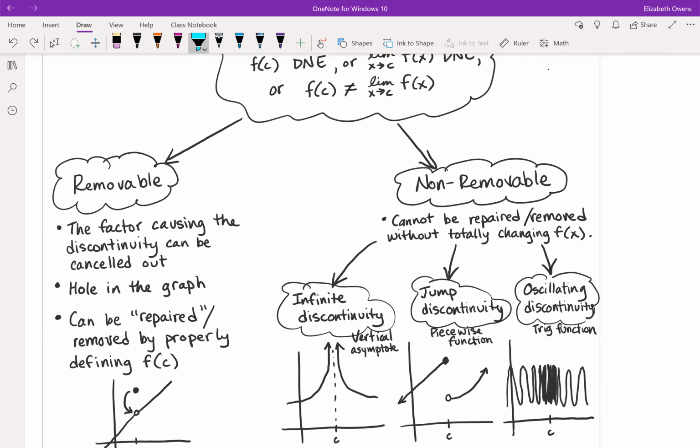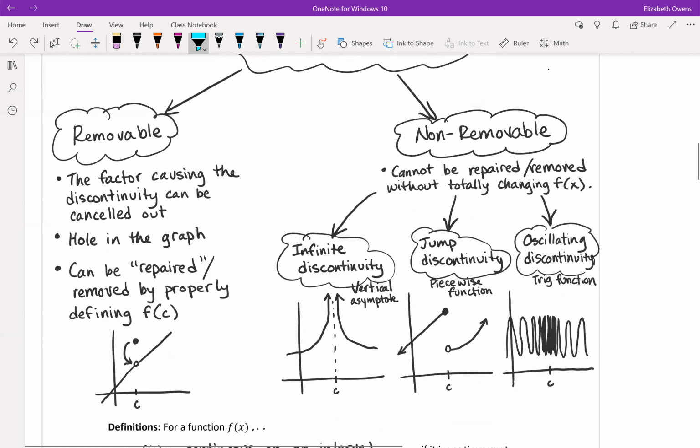So in our problem, we don't have this type of situation. It's a little more ingrained than that. Our limit doesn't even exist. So we definitely have one of these non-removable types.